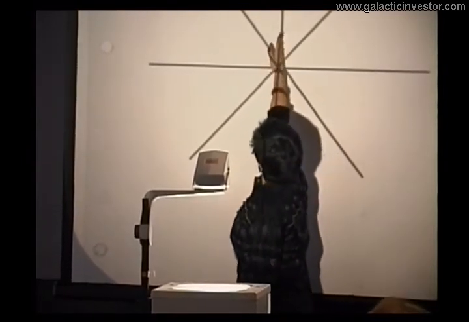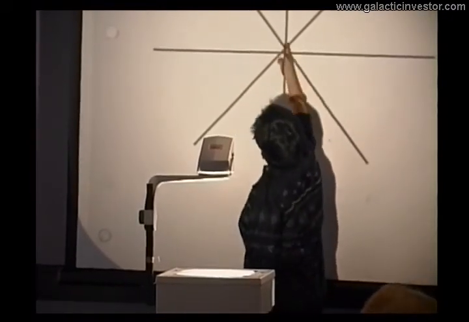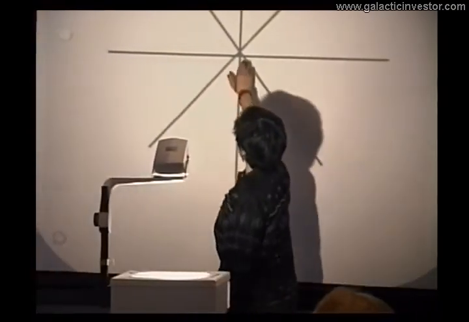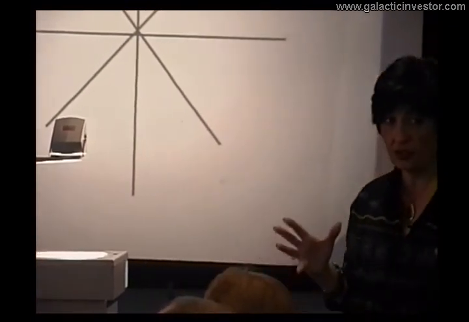Now if we move to this line over here, what angle is this at? That's a 90-degree angle, is it not? And then if we continue to move through the sky and we go here, what's that distance? It's 180, right? And 180 is, if you drew a circle around this, the diameter of a circle. It's what we call an opposition.